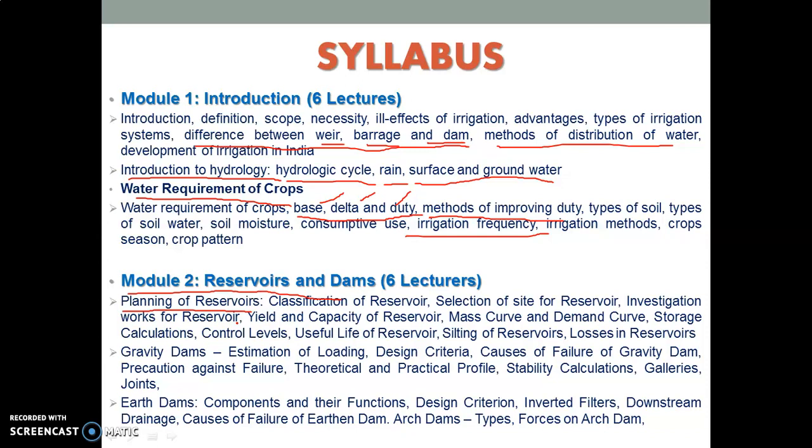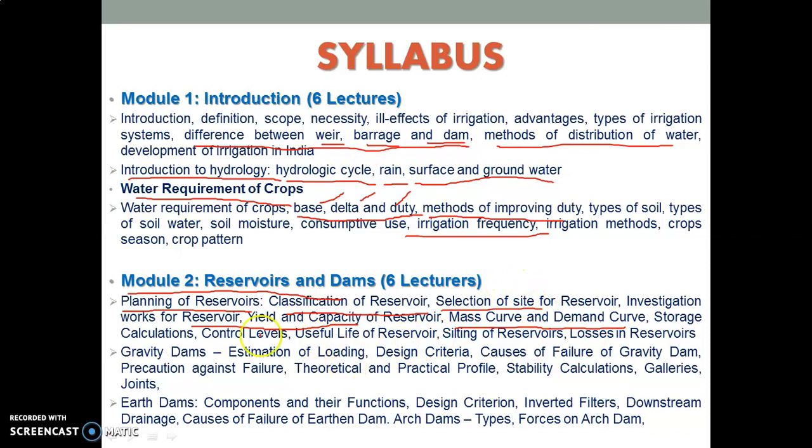Different parameters, such as the height of the dam, the reservoir capacity of the dam, and the strength of the dam, we are going to decide on the basis of classification of different reservoirs, selection of site, investigation work for reservoir, and yield and capacity. On the basis of the mass curve and demand curve we are going to calculate the capacity of the reservoir.